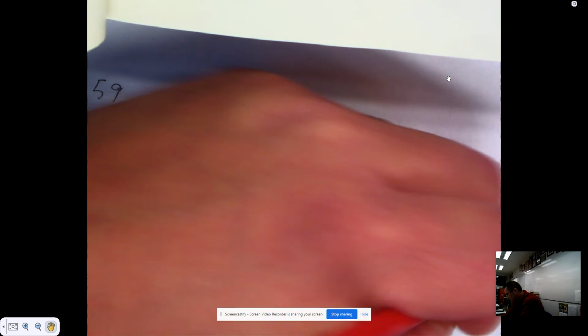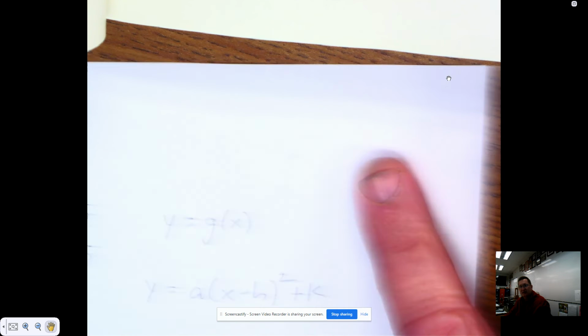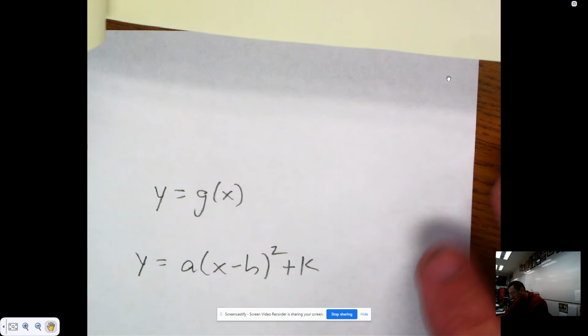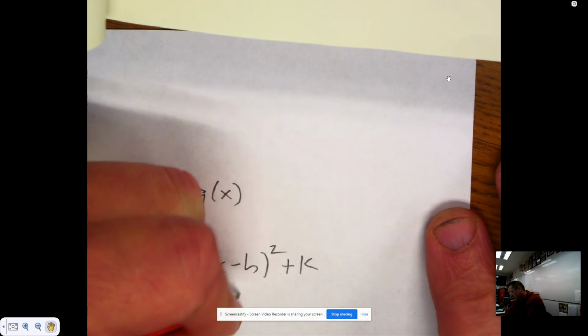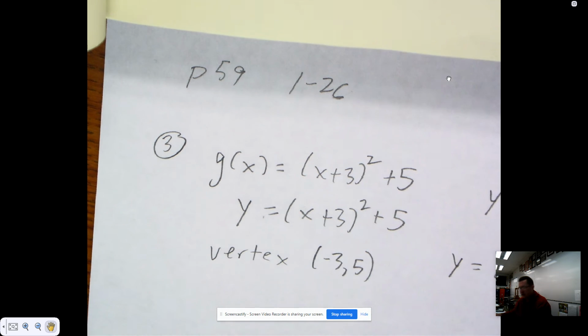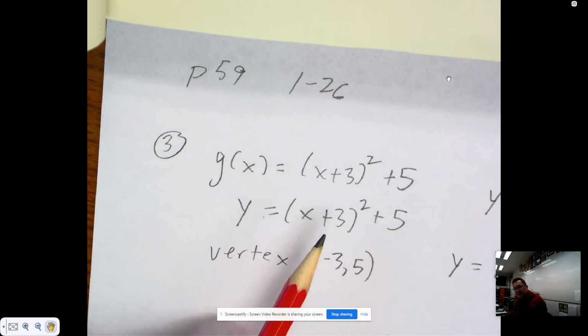Remember that when an equation is written in the form a times the quantity x minus h squared plus k, the vertex is h, k. In our case, you could think of this as x minus -3.